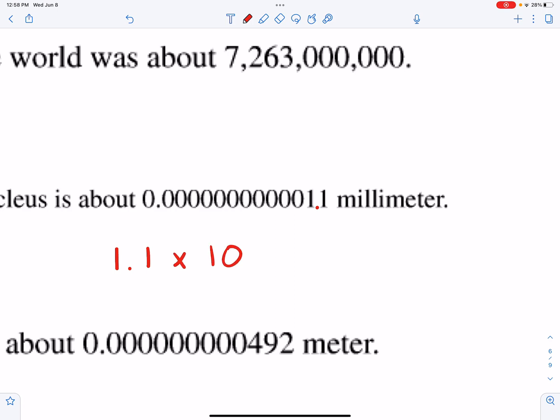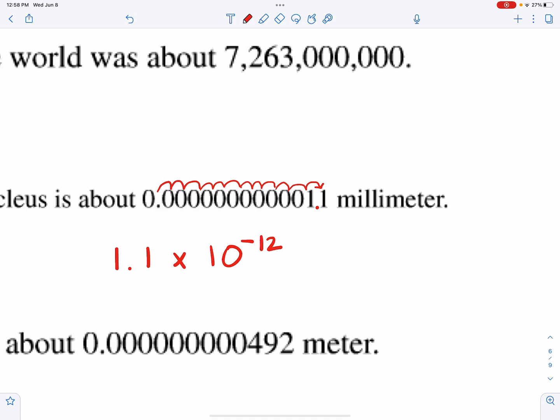times 10. And then when I look at what I did with that decimal, I moved it to the right. And when you move the decimal to the right, your exponent's always going to be negative. And the number of places is 1, 2, 3, 4, 5, 6, 7, 8, 9, 10, 11, 12.